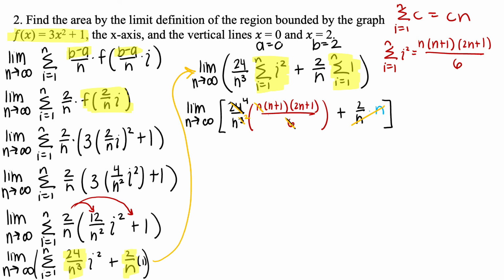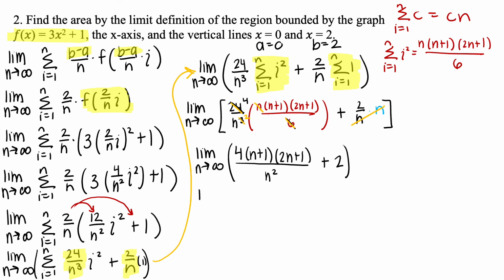So this leaves me with the limit as n goes to infinity, and then I have 4 times n plus 1 times 2n plus 1 all over n squared, plus 2. And now I'm actually going to have to simplify what's going on inside here.